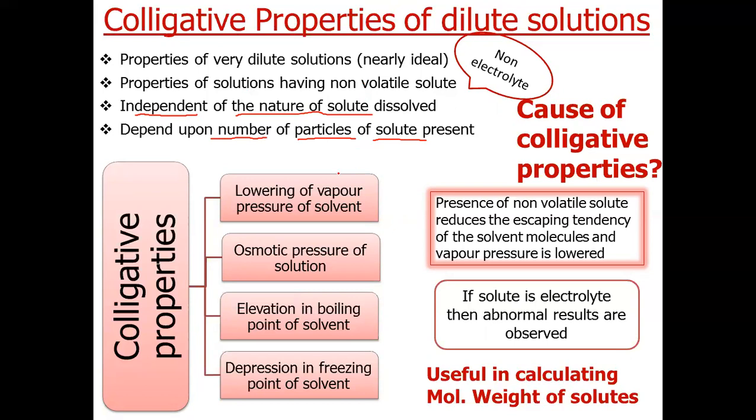We have already discussed lowering of vapor pressure and osmotic pressure. Today we will discuss in detail the elevation in boiling point of a solvent if we add a non-volatile solute to it.